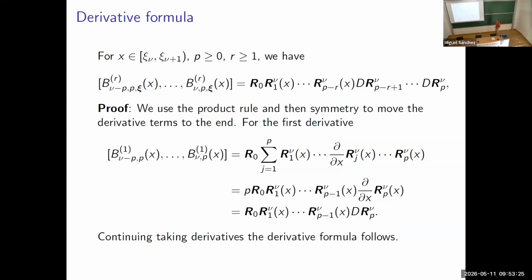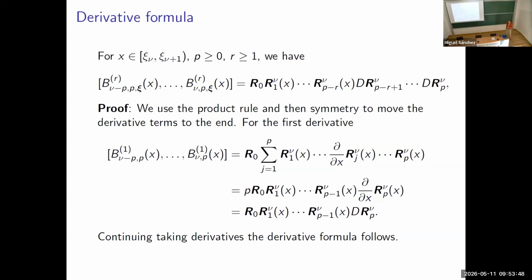And then you use the symmetry. You can exchange the Rj of x with the Rj plus 1 of x, and switch the order. So in this way, you can put all the derivative terms at the end.